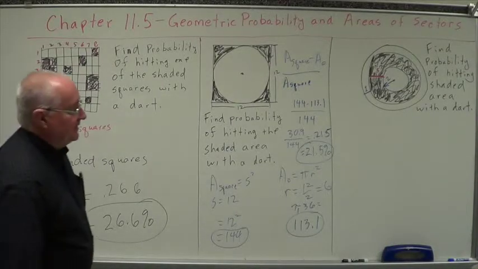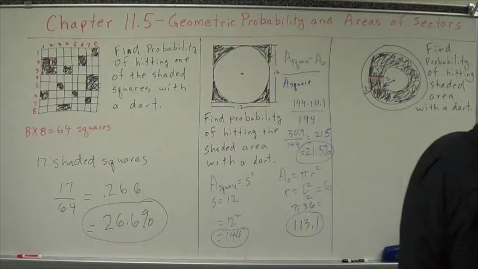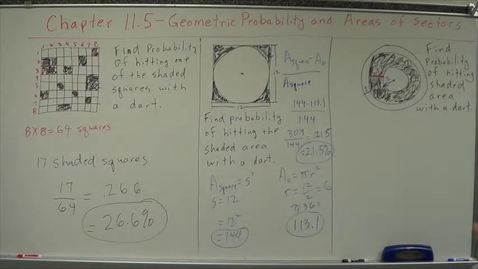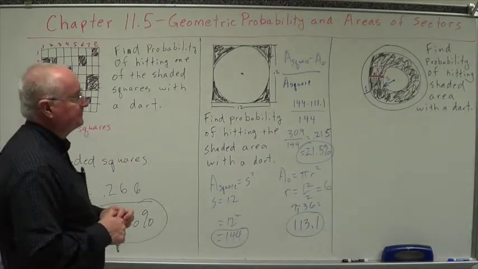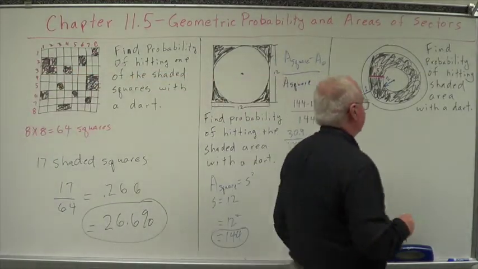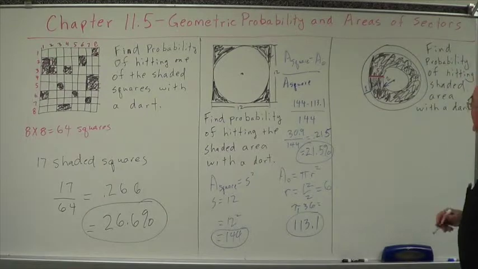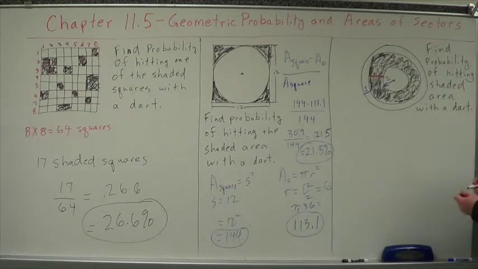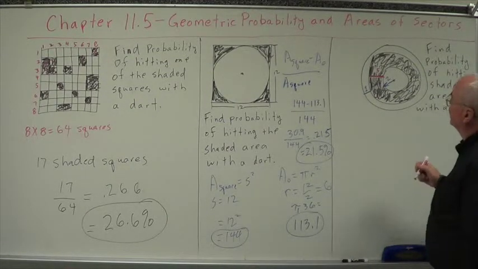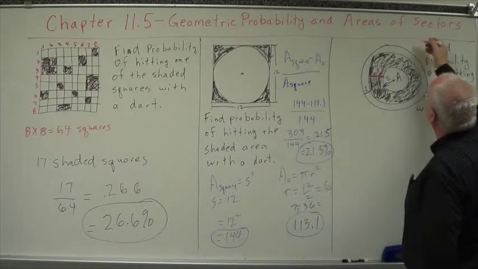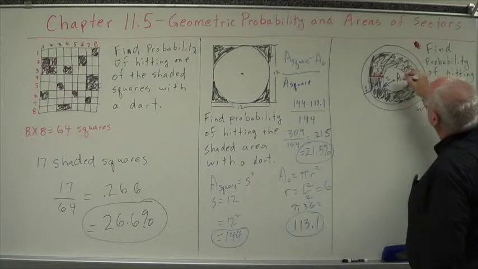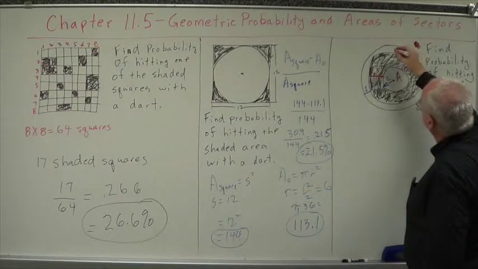To get that probability. Now, here's one that's a little different. We need to work with it just a little bit and find out what's going on. We want to find the probability of hitting the shaded area. Well, let's label this as 3 different circles. We've got circle A right there.